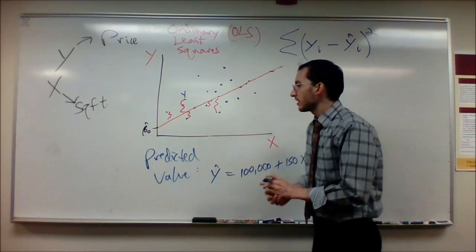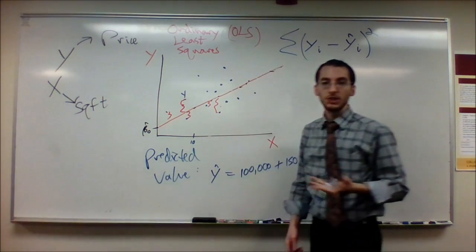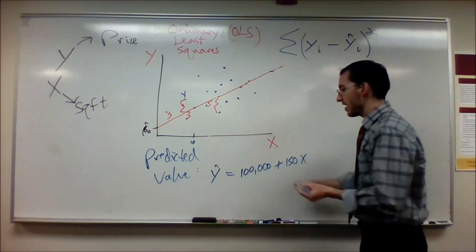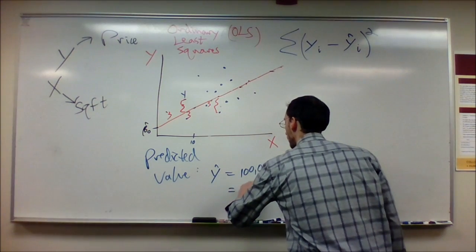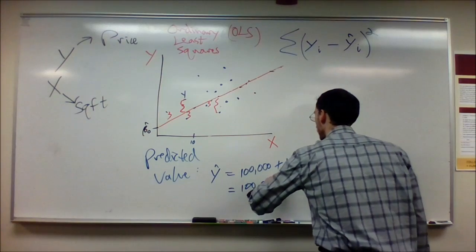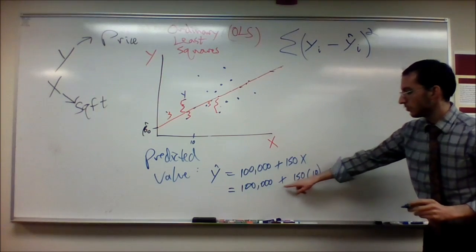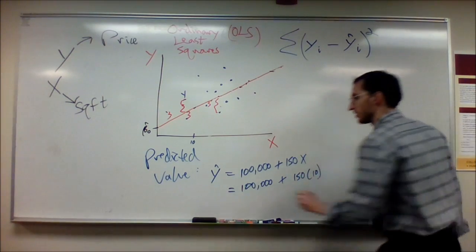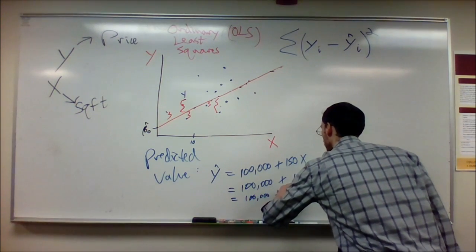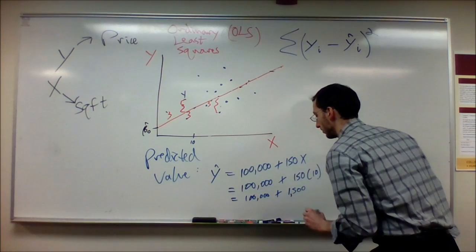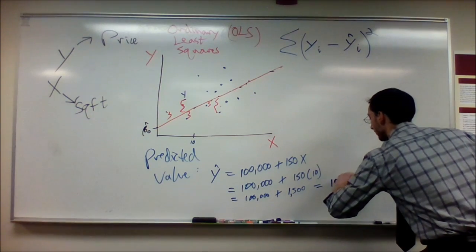So if I want the predicted value of, say, x at 10, just to make this up, then I just plug 10 into my estimated model. And I get 100,000 plus 150 times 10, which is 100,000 plus 1,500, which equals $101,500.